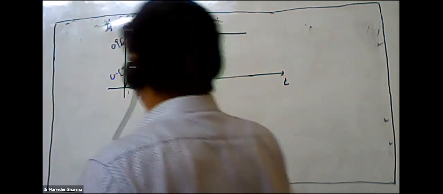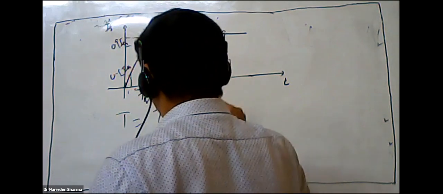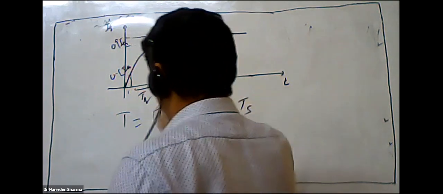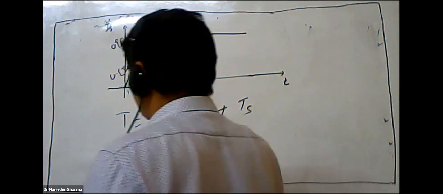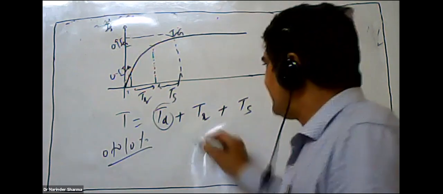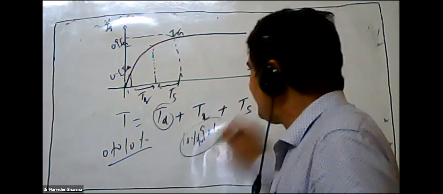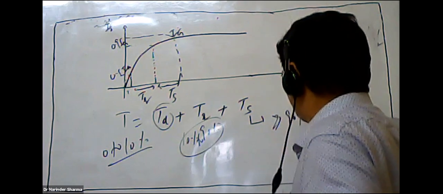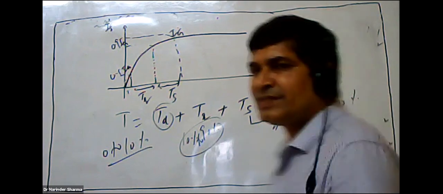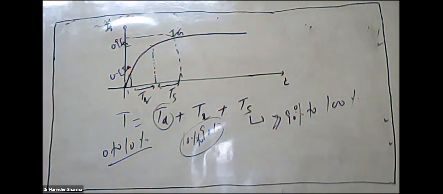From here we can find that time has been divided into three types: delay, rise, and spread. Delay is 0 to 10%, then 10% to 90% is the rise, then 90% to 100% is the spread time.